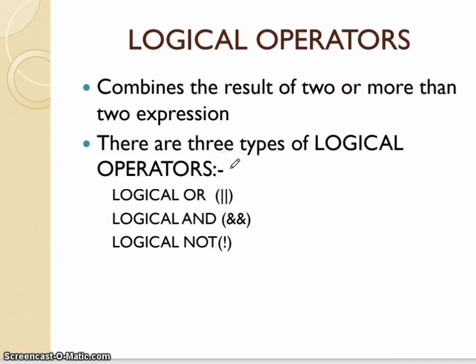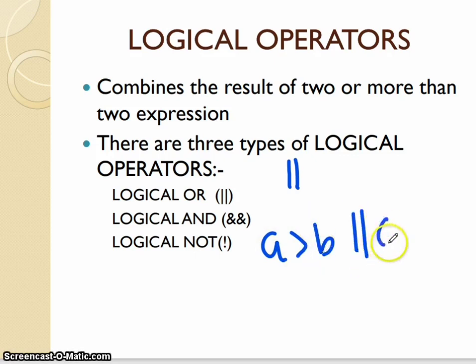Logical operators. Logical operator combines the result of two or more than two expressions. There are 3 types of logical operators, that is logical or, logical and, logical not. Logical or is represented by 2 standing lines. If I write a is greater than b or c is greater than b, it means that either this condition is true or this.